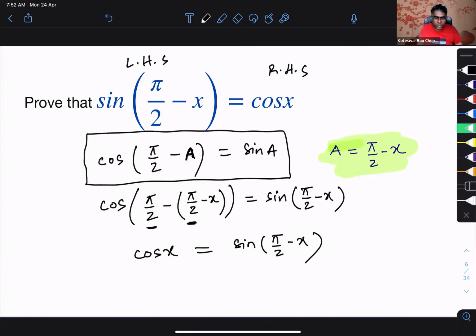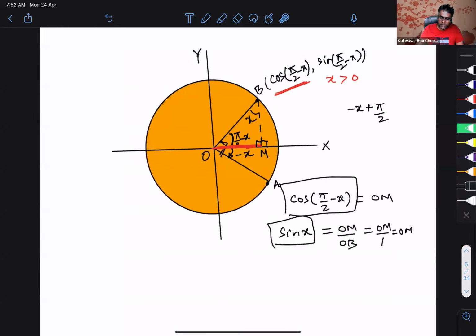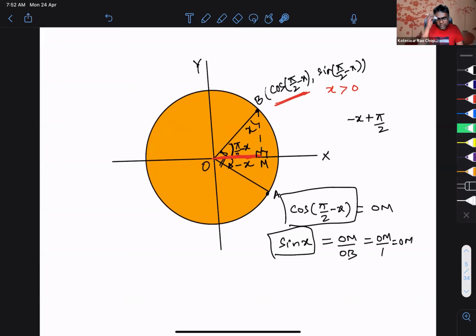Again, we can also use our unit circle. Now we have this result proved. But if we go back to our unit circle, let's look at it again here. Now, if I look at this right angle triangle OBM, your y coordinate is sine of pi by 2 minus x, right?